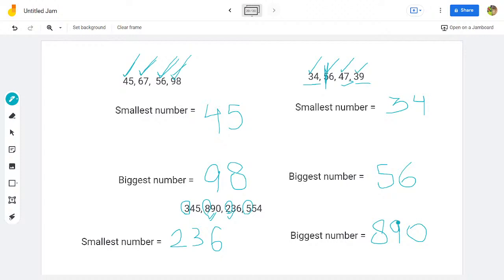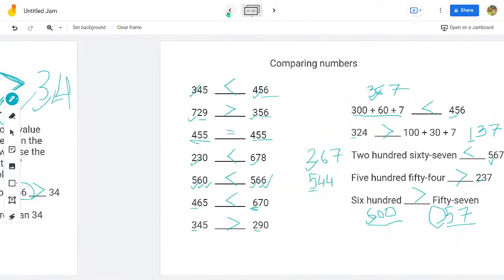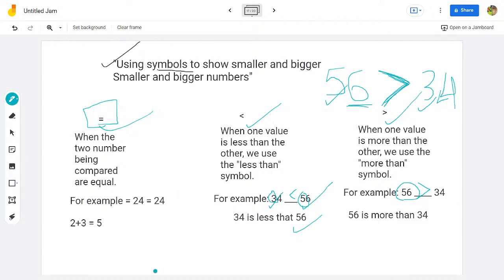Okay, now this was the basic concept about comparing numbers, and I have made you practice comparing 2-digit numbers, 3-digit numbers. Now let's come to a few basic questions like revision. Let's say we have to compare any two-digit numbers.